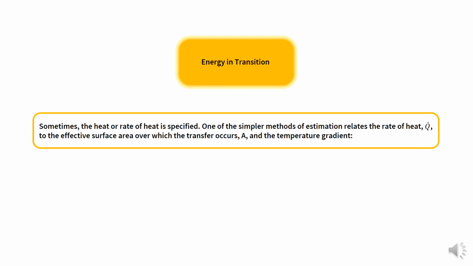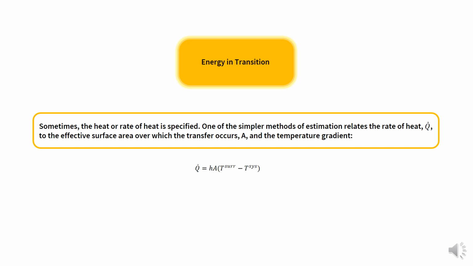Sometimes the heat or rate of heat is specified, and one of the simpler methods of estimation relates the rate of heat, Q dot, to the effective surface area over which the transfer occurs, A, and the temperature gradient.